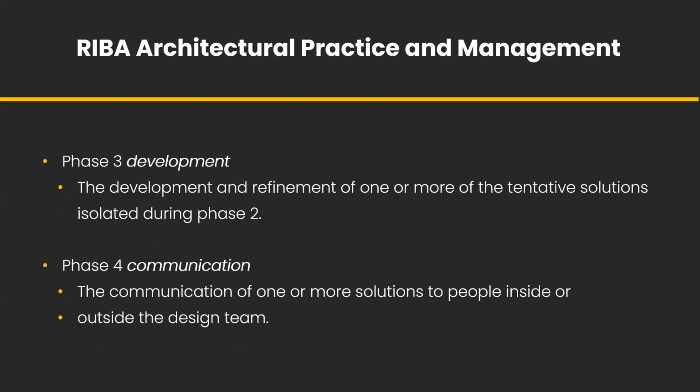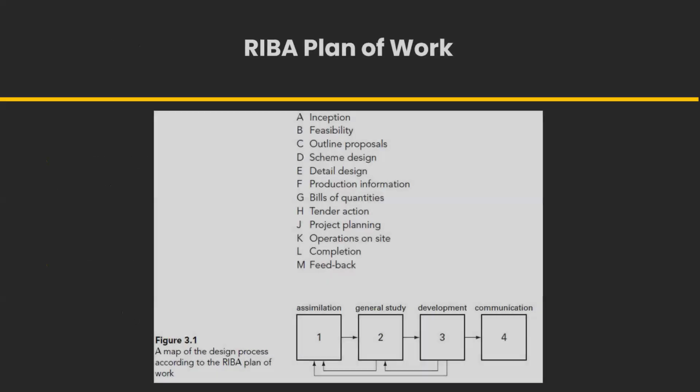Then development, then coming up with a possible concept, then refinement of the tentative solution, and then communication, communicating one or more solutions to people inside or outside the team. Next. This is the plan of work, you can probably look at it yourself in the PPT. Next.